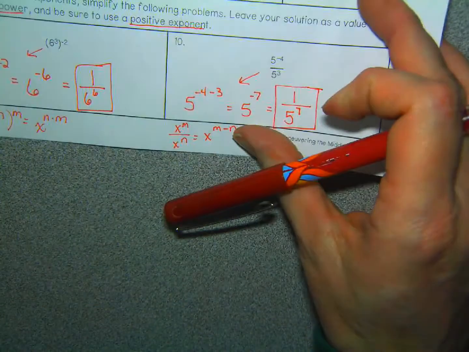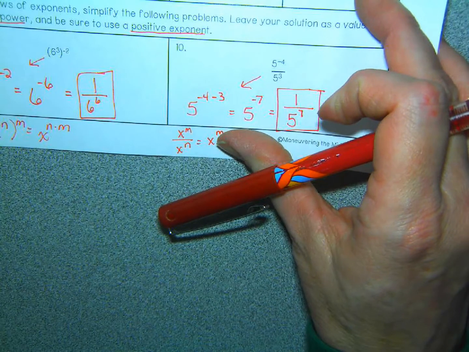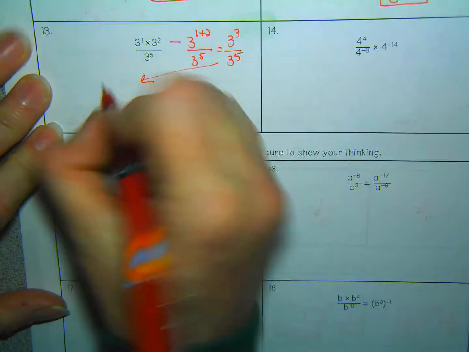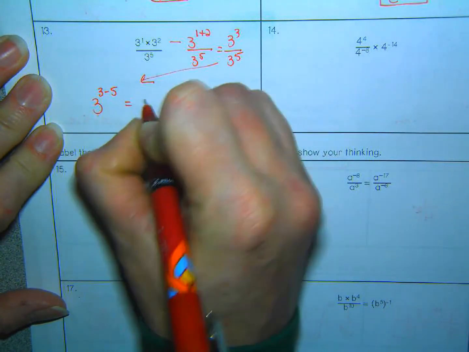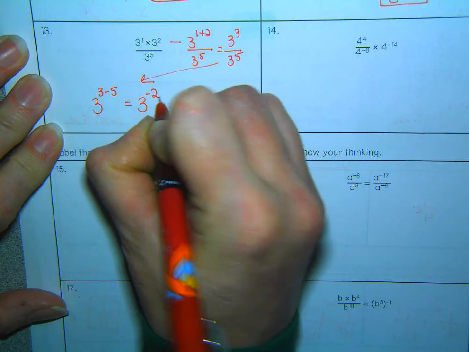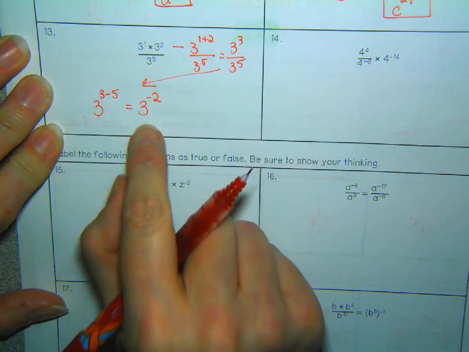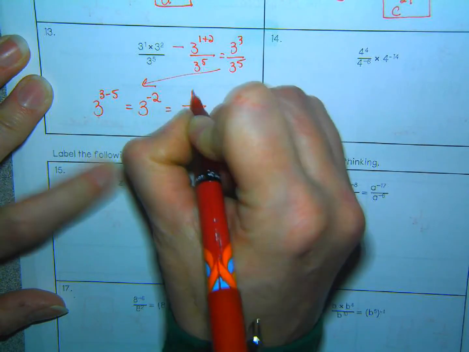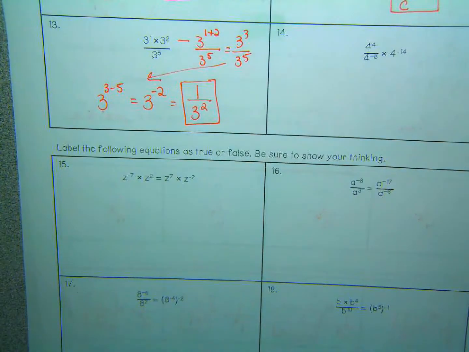I wrote it right there. Dividing like bases, we subtract the exponents. So here we are going to subtract the exponents. 3 minus 5 is negative 2, but that's not okay because it said on the previous page that we wanted this to be written with a positive exponent.